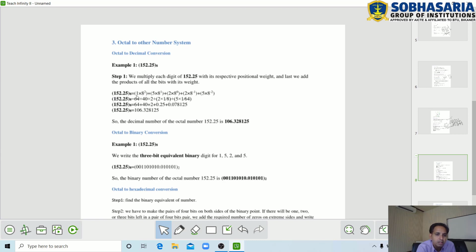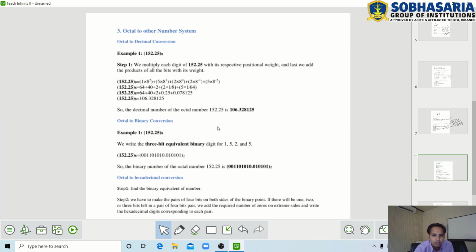So 1 multiplied by 8 to the power 2, plus 5 multiplied by 8 to the power n minus 2, plus 2 multiplied by 8 to the power n minus n, which is 0. The fractional part .25 is multiplied by negative powers: 2 into 8 to the power minus 1, 5 into 8 to the power minus 2, and after the calculation we get 106.328125. So this is the decimal number of the octal number.